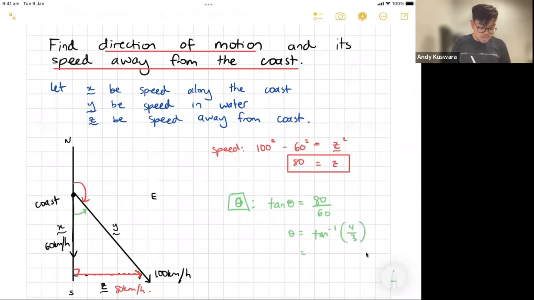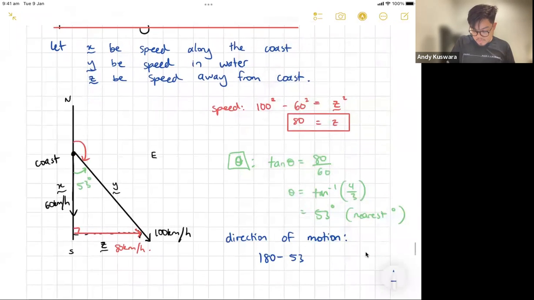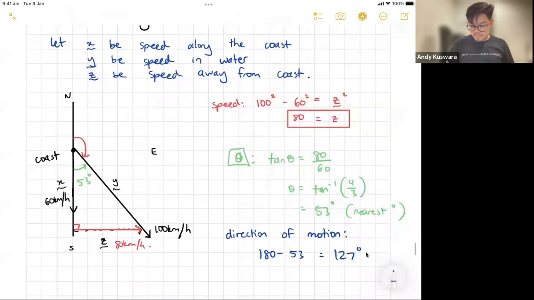And tan inverse of 4 over 3 is going to give me 53 degrees, to the nearest degree. And then from there, the direction of motion is just going to be 180, take away 53, which I believe is 127 degrees from north, right? That's the direction that we're traveling.